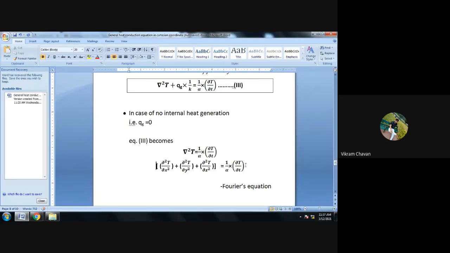This equation is called Fourier's equation. Remember, you can consider this equation also and this equation also. Both the equations are valid. Just we have removed the del operator and written the equation in an elaborate format. So this is also a Fourier's equation, and this is also a Fourier's equation.